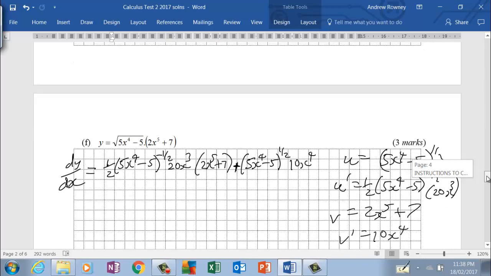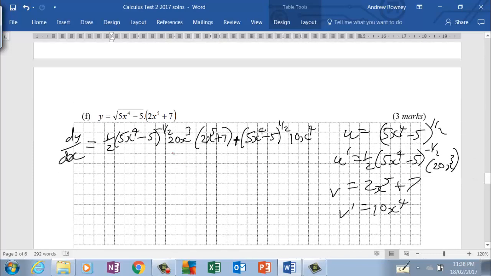This one here is a product rule, and there's a chain also within the product. So we let the first factor be u, that's this one, and the second factor be v. The first factor, I've put it in power notation.